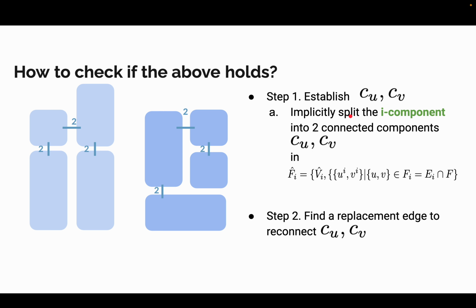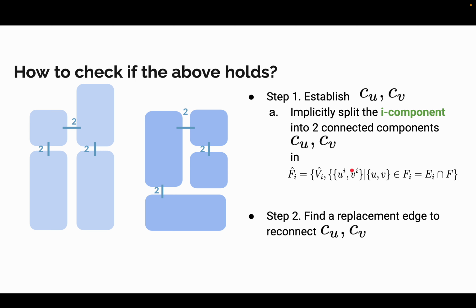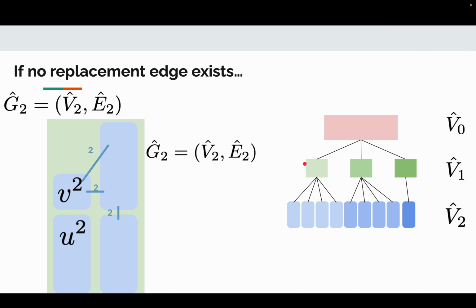CU and CV implicitly split the i component into CU and CV in F_i hat. Remember G_i hat is V_i hat, but if we say F_i hat, it just considers the edges in the spanning tree.